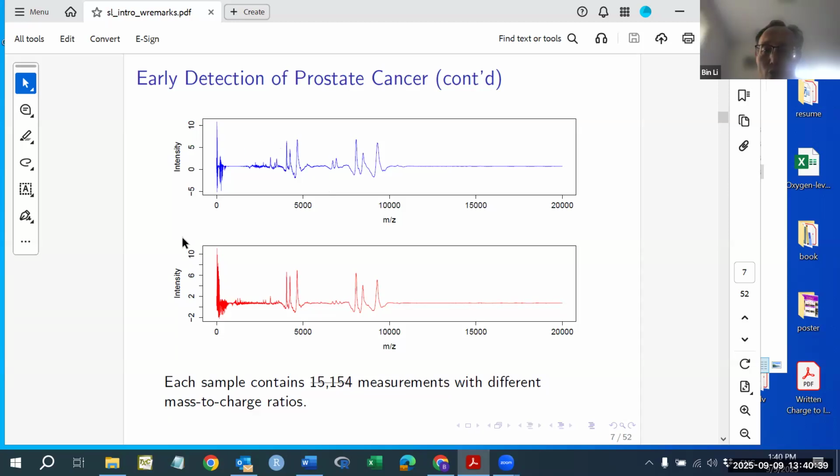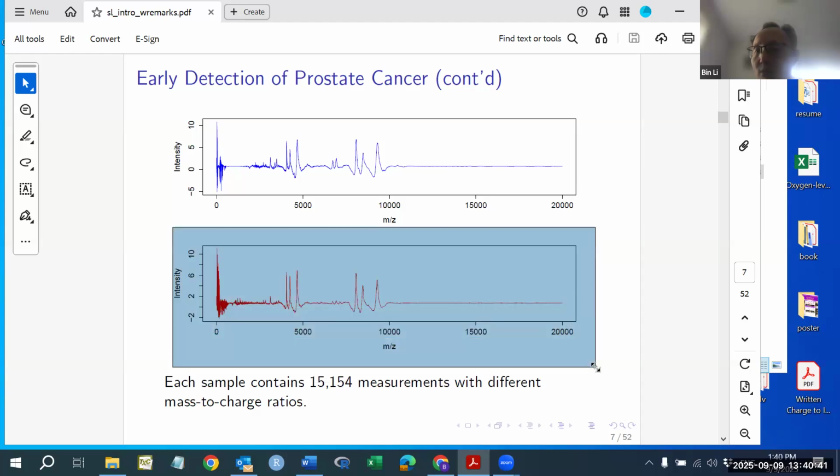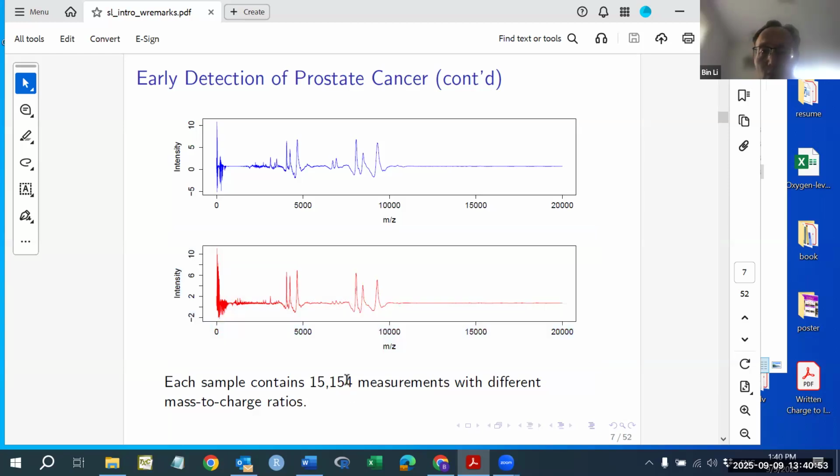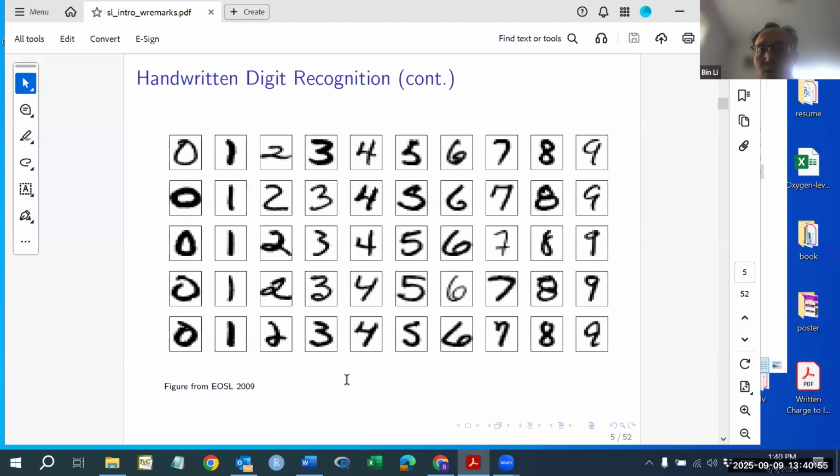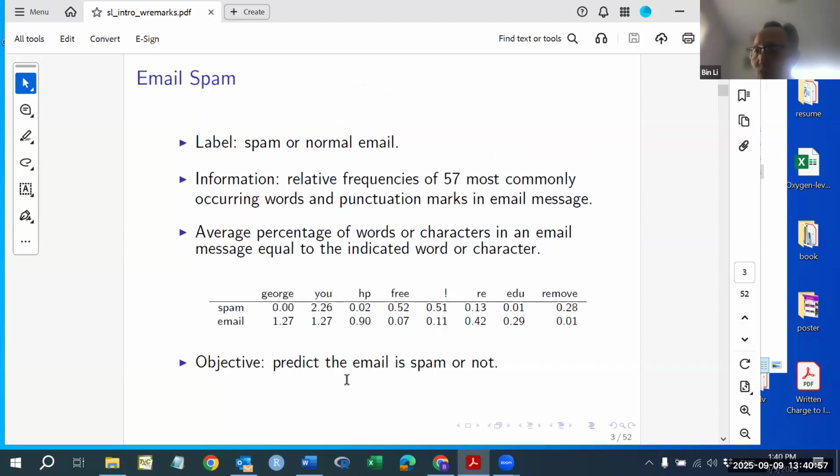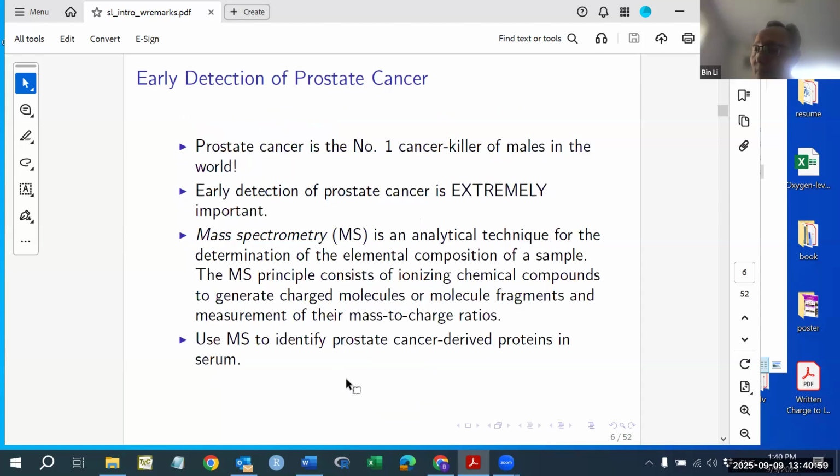And we want to use these spectra to early detect whether the patient has prostate cancer or not. So you can see what the special things are for these three examples compared to those examples that you see from the classic statistics textbook.